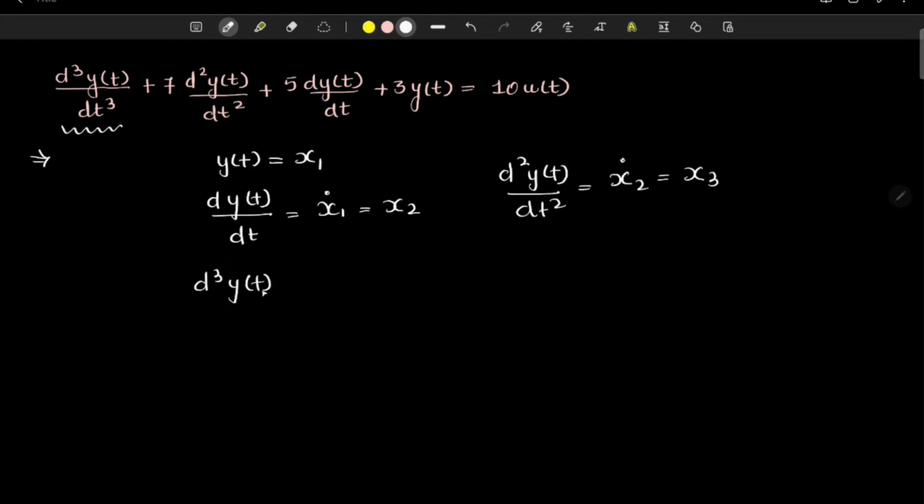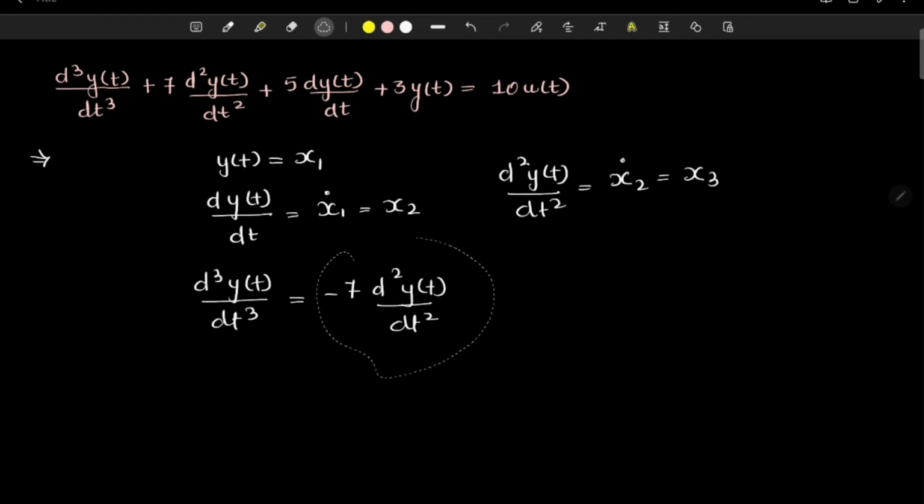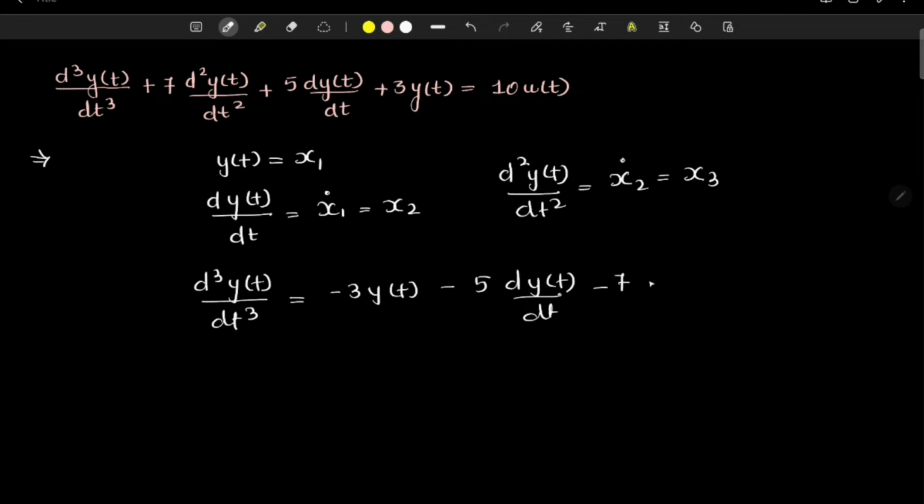Now we'll write the equation for the triple differentiation of y of t, d cube y by dt cube, in terms of x1, x2 and x3. So this will be equal to minus 3 y of t minus 5 differentiation of y of t minus 7 double differentiation of y of t plus 10 u of t.